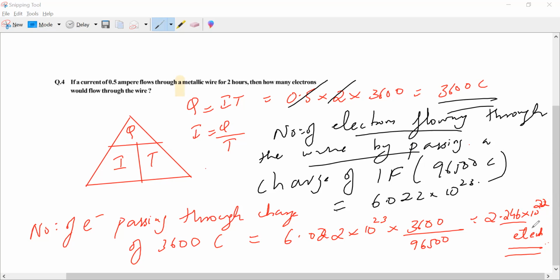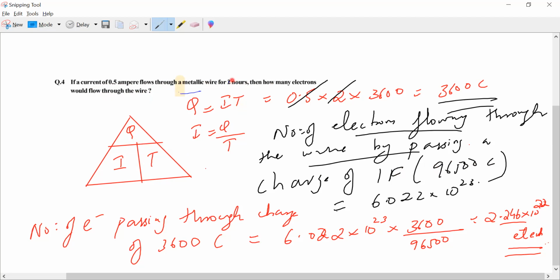So guys, the basic thing is, for any question you're attempting: if a current of 0.5 amperes flows through a metallic wire for 2 hours, how many electrons would flow through the wire? First thing is charge. We have been taught about Faraday: 1 Faraday is equal to 96,500 coulomb. Q is equal to IT, or I is equal to Q by T, the rate of flow of charge with respect to time.